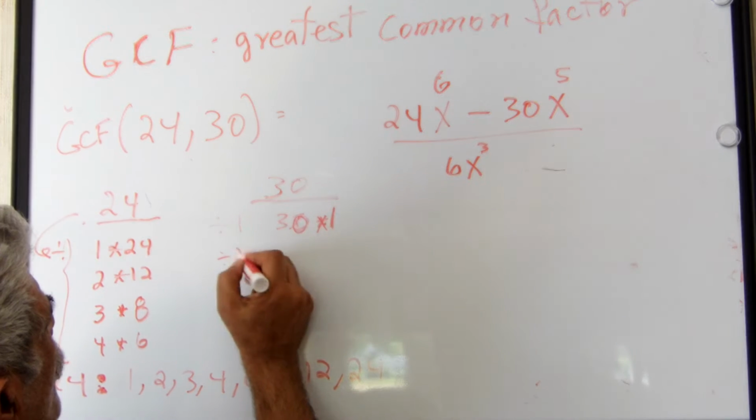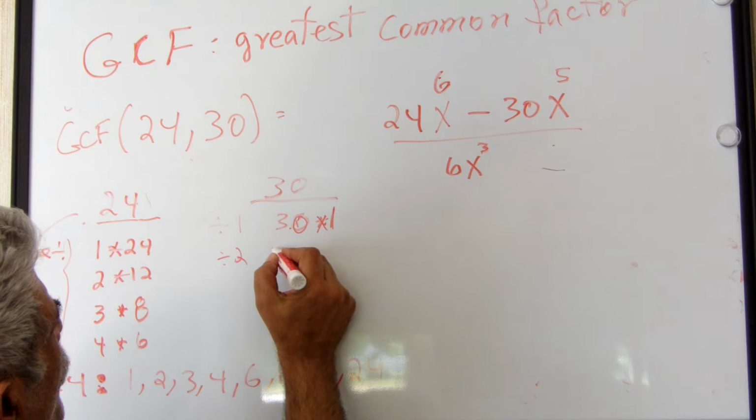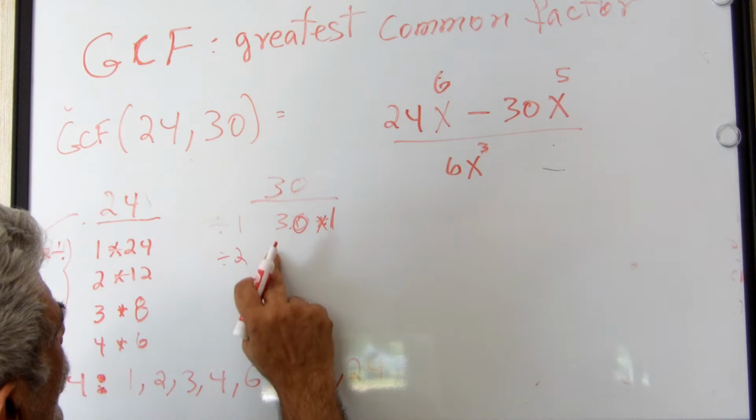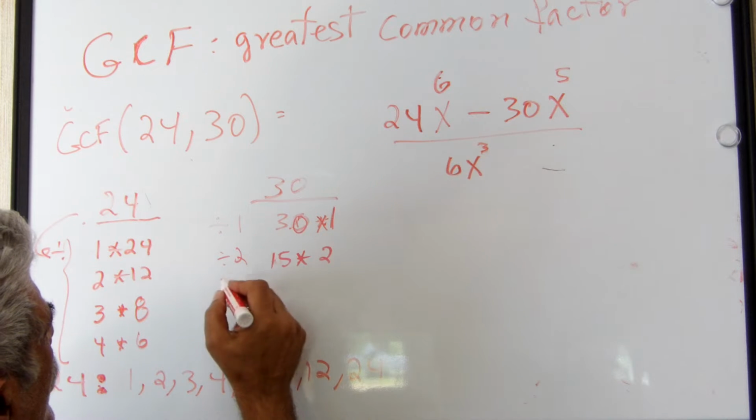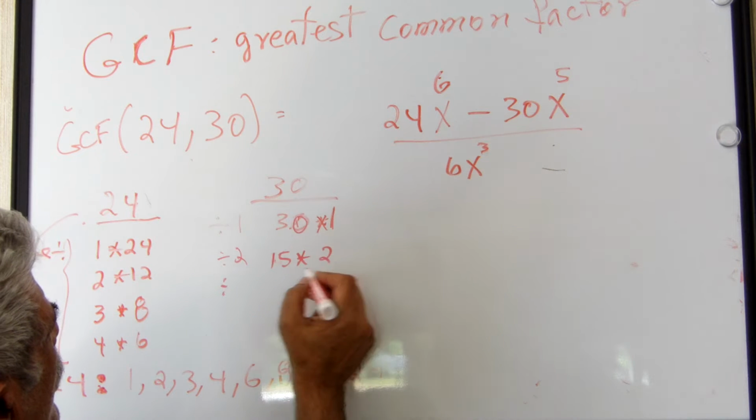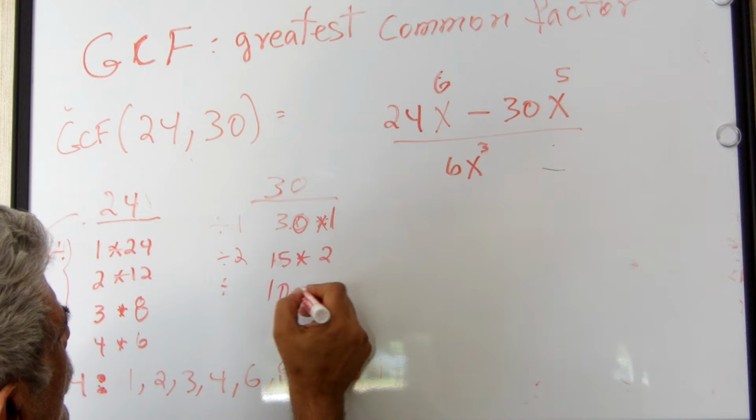Then we divide it by 2: 30 divided by 2 is 15, so 15 times 2 is 30. When you divide by 3, it's 10, so 10 times 3.